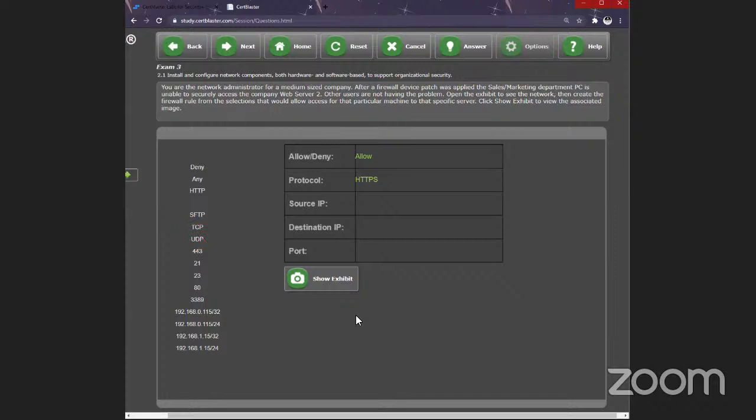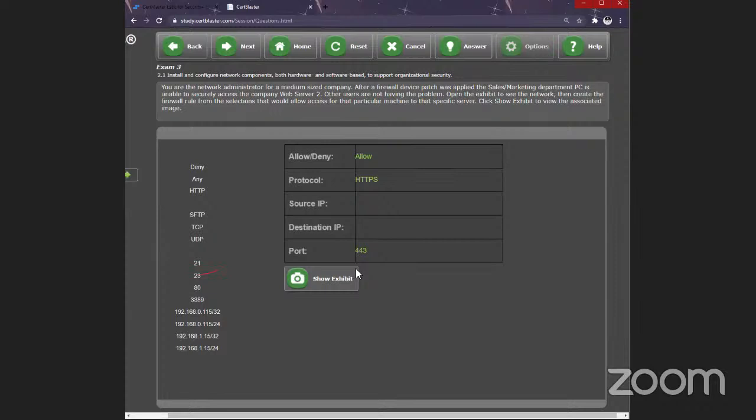And why 443? Because that's the port for secure HTTPS. 21 is for SFTP. 80 is for HTTP, and we want to make sure that the data we're sending out is secure, so that wouldn't work.